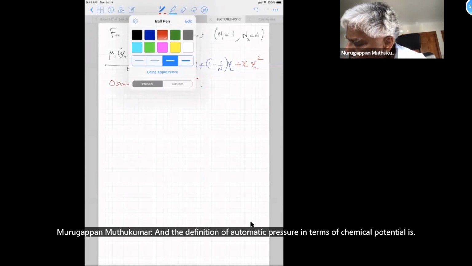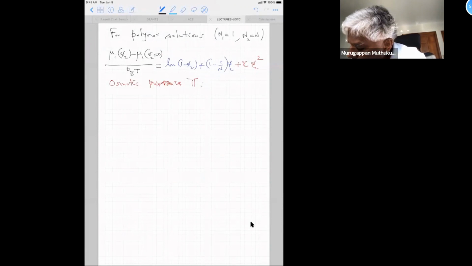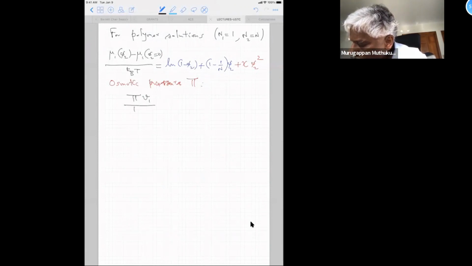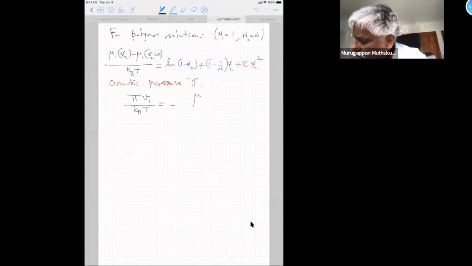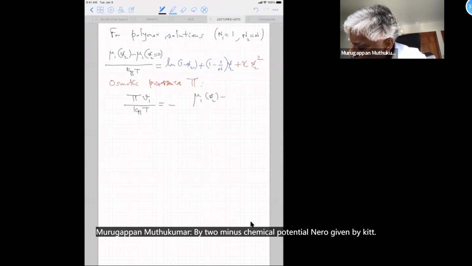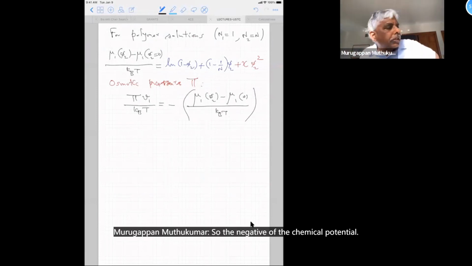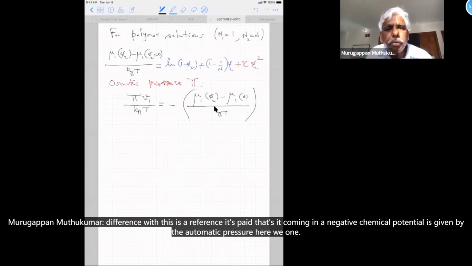And the definition of osmotic pressure in terms of chemical potential is pi times V1, I'll define in a minute what V1 is, over kBT, equal to the negative of chemical potential mu 1 minus chemical potential mu 0, divided by kBT. So the negative of the chemical potential difference, where mu 0 is the reference state, is given by the osmotic pressure.